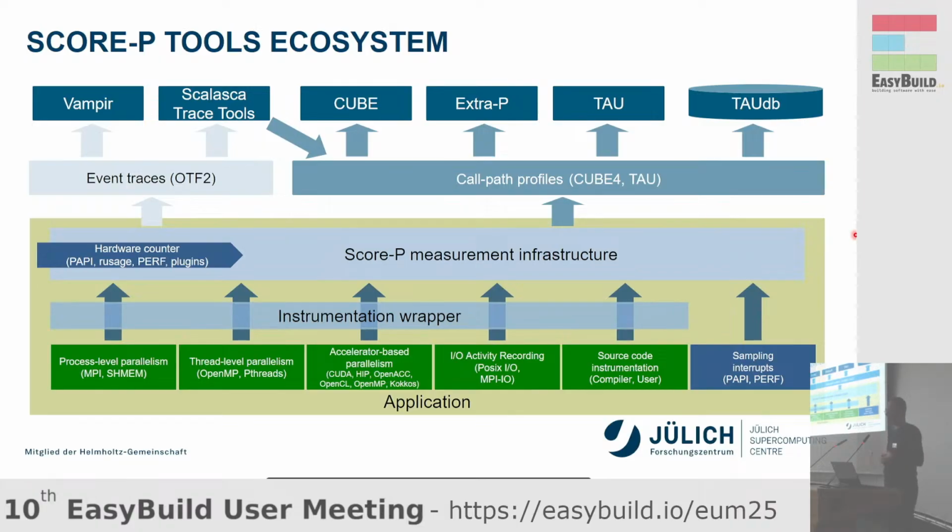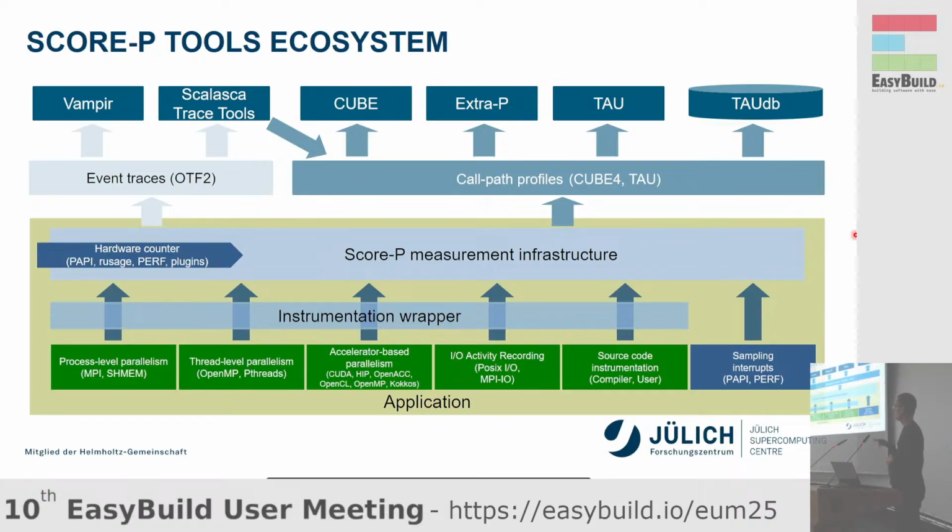All of those go into the Scorpy measurement infrastructure, which basically collects all these events, augments them with a timestamp, with hardware counter information optionally, and stores this data either in event traces or in call path profiles. These are kind of standardized in this ecosystem, and there is a whole bunch of tools sitting on top of these standardized file formats.